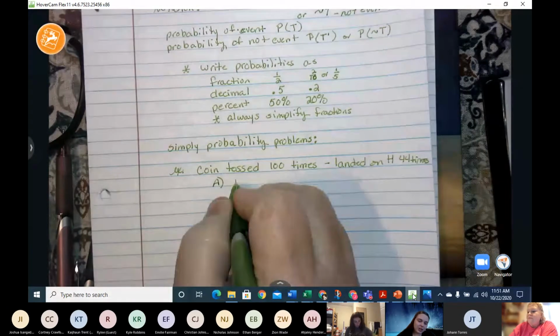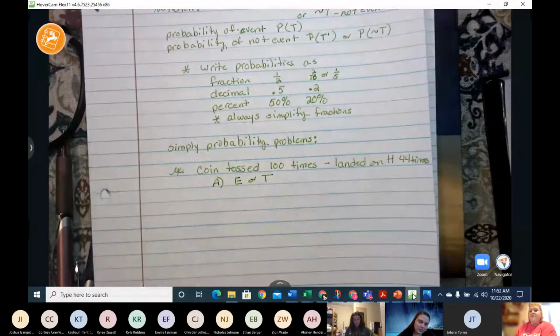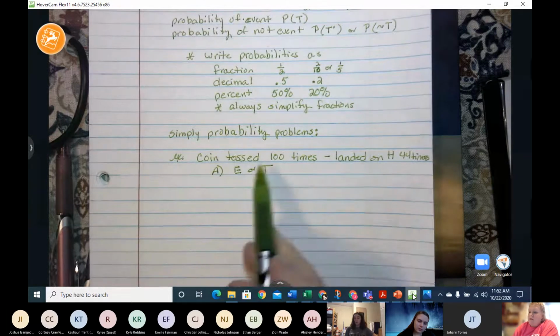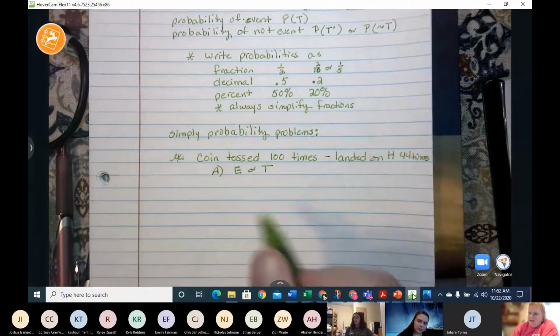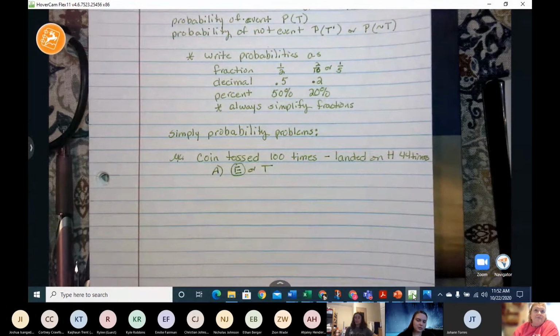First question, is this empirical or theoretical probability? Do you have an experiment? Do you have actual data to use? You do have an experiment, so that makes it an empirical situation.